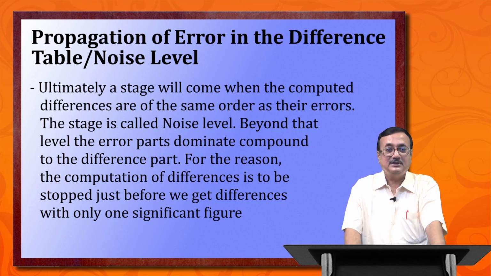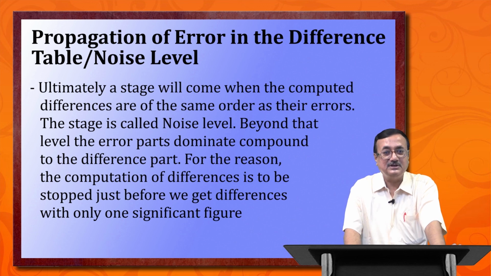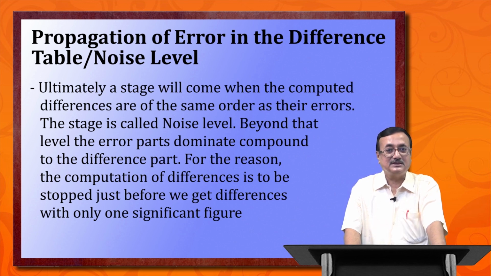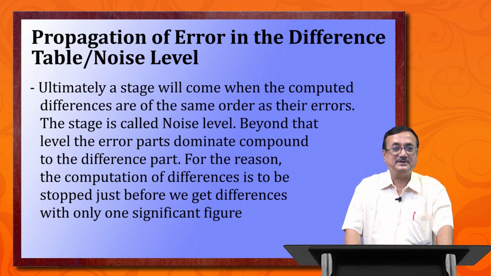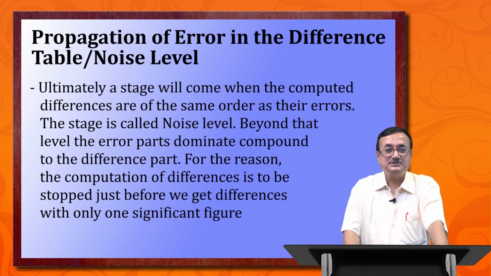Beyond that level, the error will certainly dominate the table rather than the difference part, and for this reason the computation of differences is to be stopped just prior to that difference, only up to the noise level. This can be achieved when we get a difference table with one significant figure.